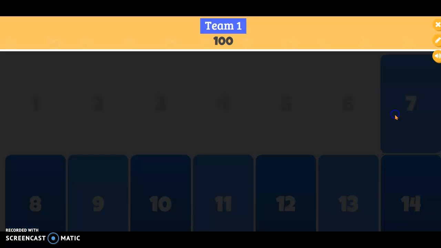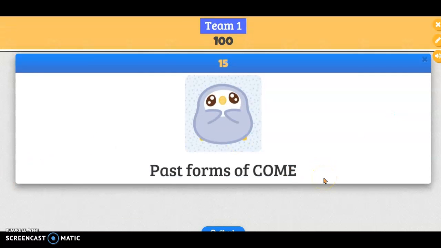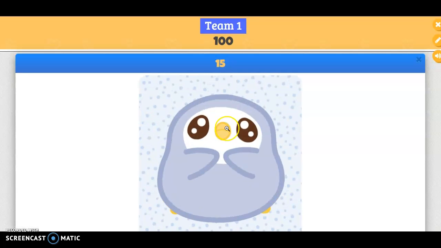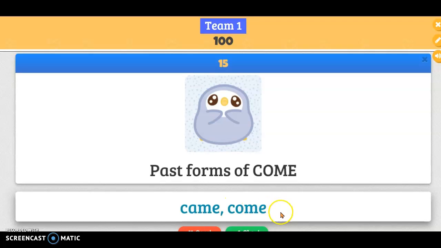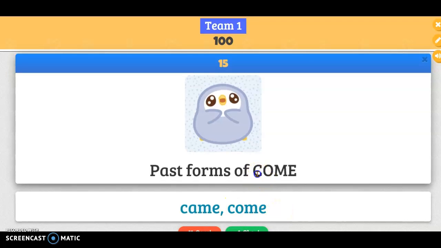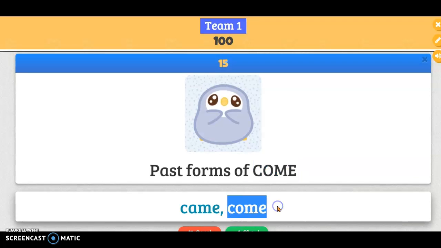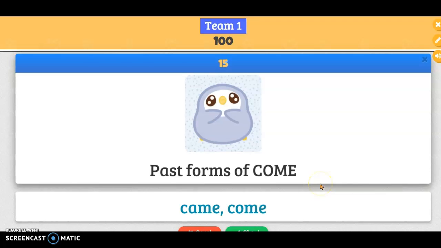Now we have come. Please come here. Come, came, come. In this special occasion, we repeat the base form and the past participle is the same form. Come, came, come. That's how you remember.